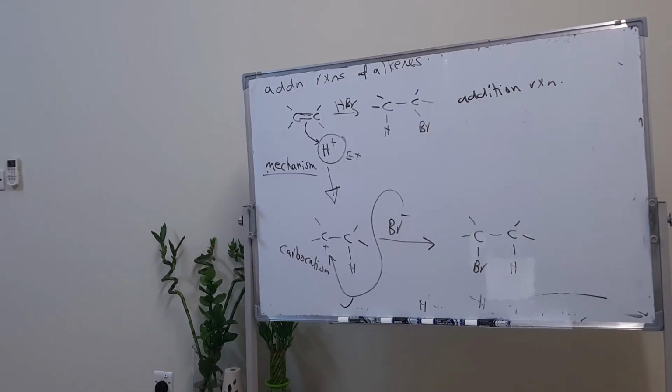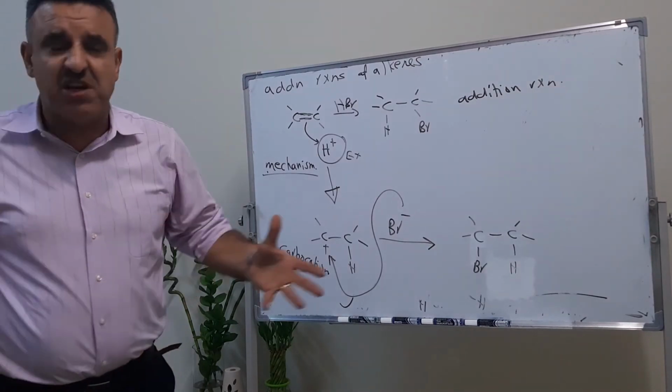Is that clear so far, guys? Alright, so this is the general mechanism of any addition reaction. Remember that all the time. I will just rewrite it now in a generalized way.